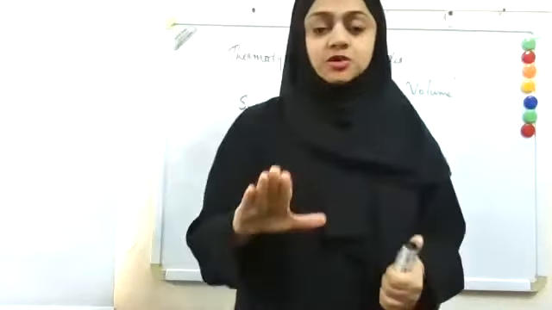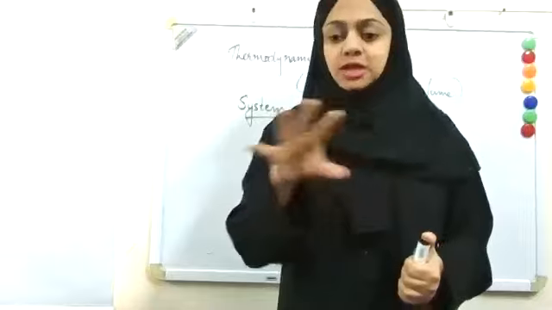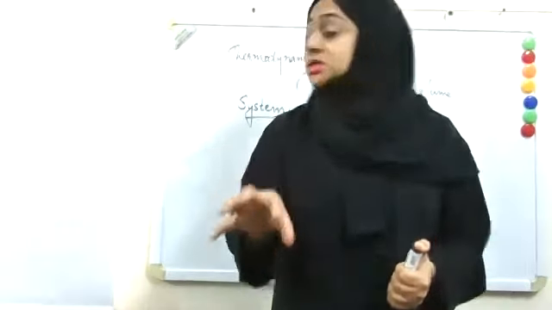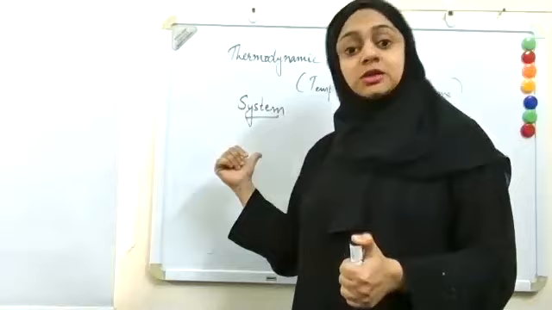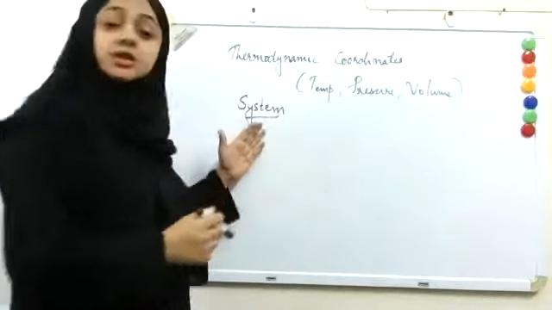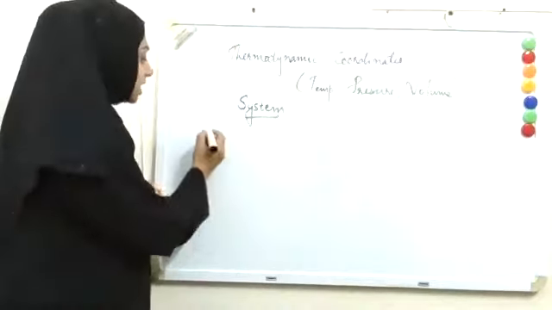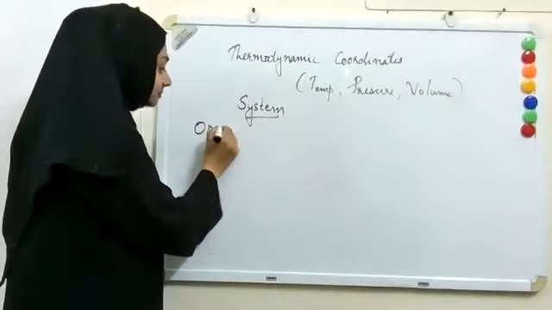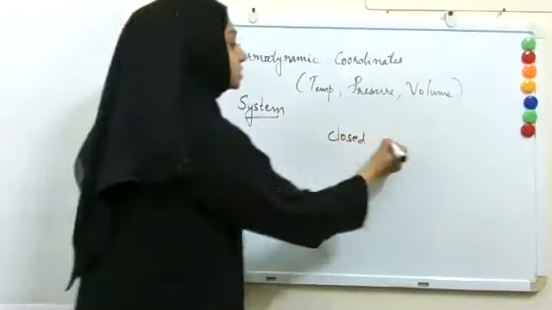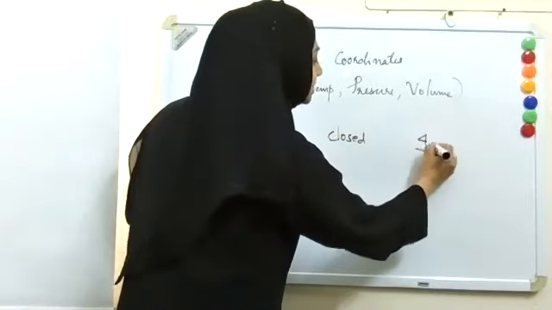It's that part of the universe or the environment which we are concerned about while studying thermodynamics. That's called a system. And systems can be of different types. The system can be open, closed, or isolated.